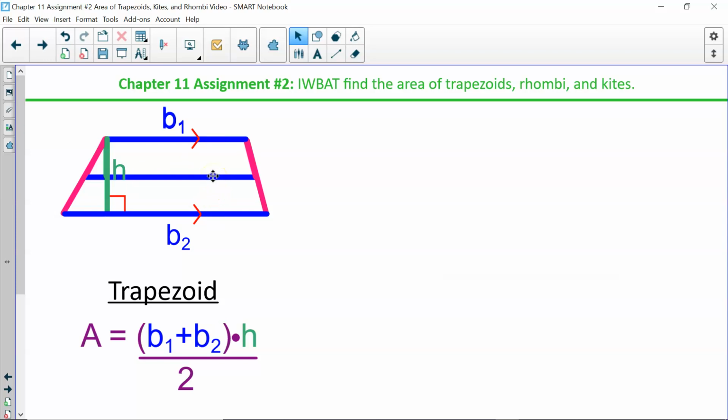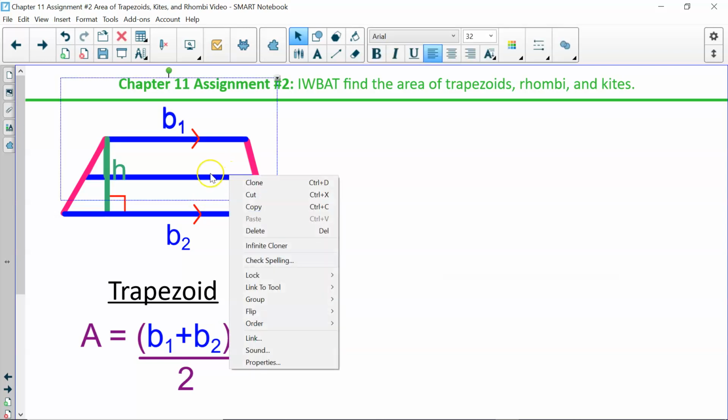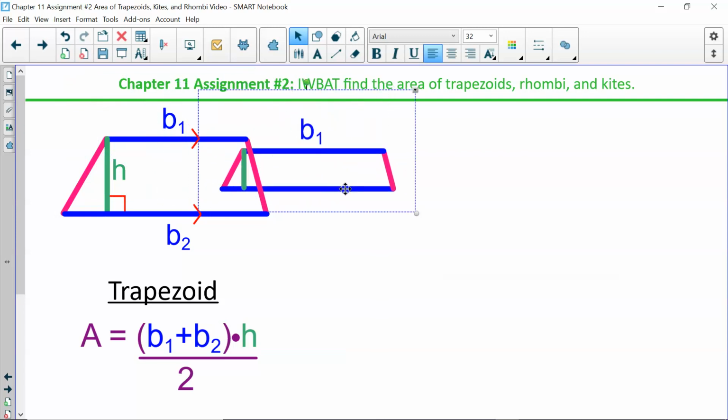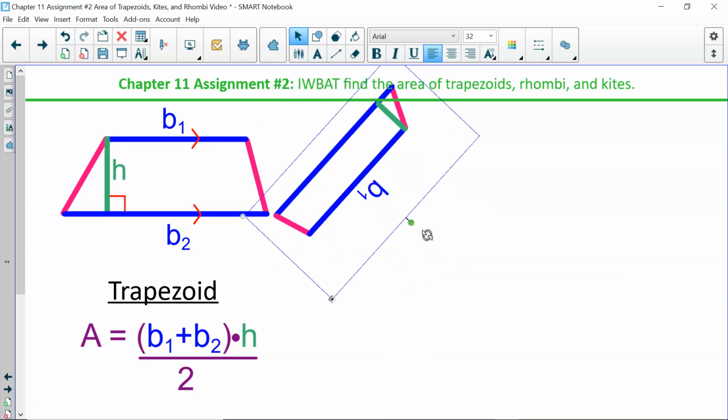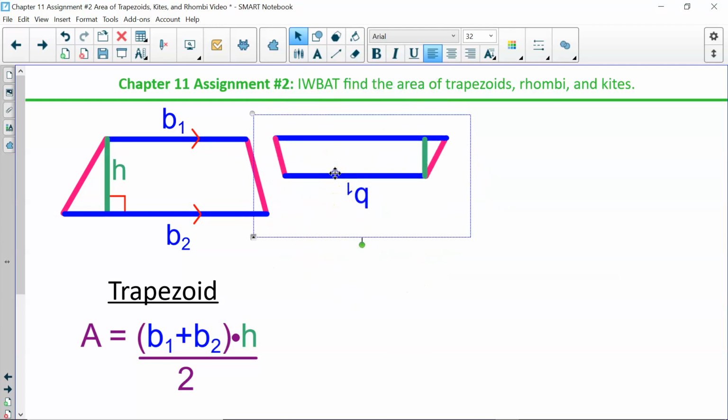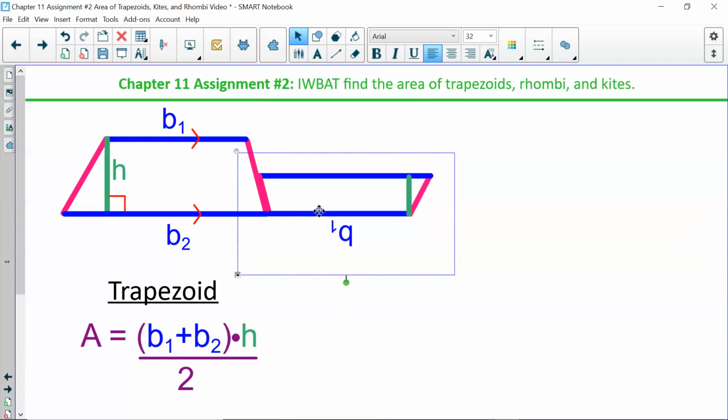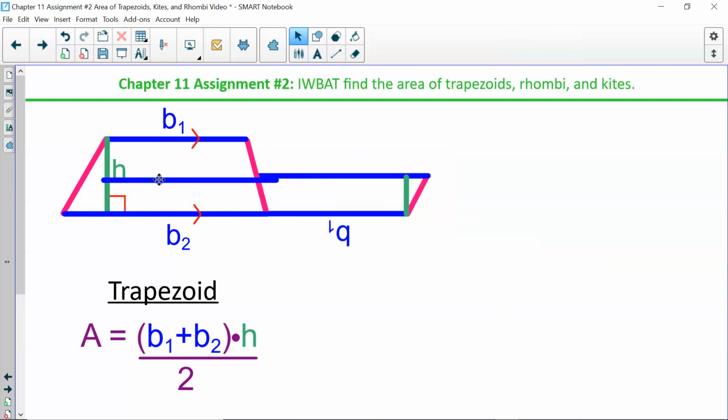I'm going to take this upper piece and I am going to duplicate this, and I'm going to actually move it over to the right, and I'm going to flip it upside down, and then I'm going to line it back up with the bottom portion of that where we had the midsegment.